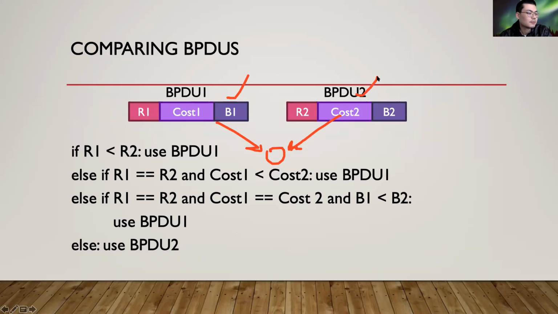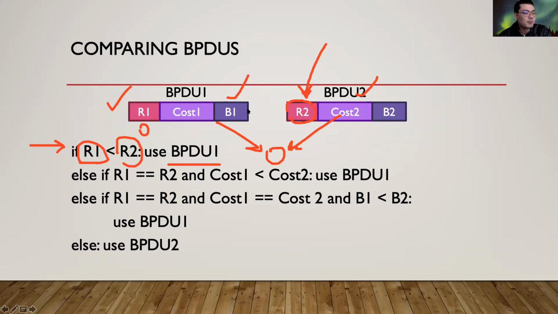Firstly, if the root ID R1 is smaller than R2, then we will always choose R1. The reason is very simple: R2 is behind the schedule. Maybe the broadcast message from the smaller-ID bridge 0 has not reached there, so I should ignore this one. This one is totally outdated.